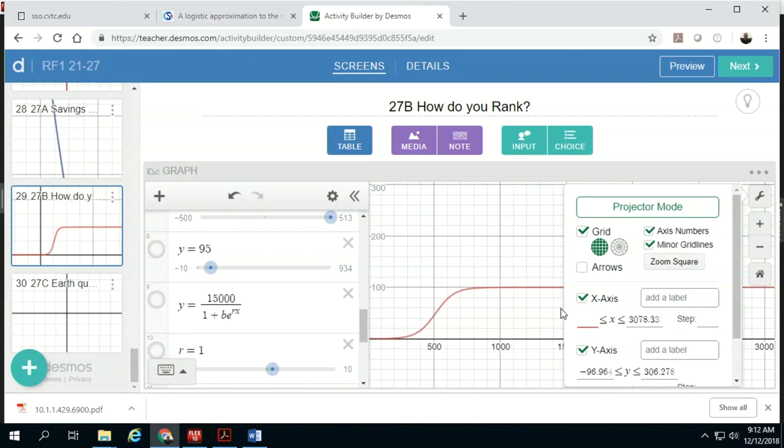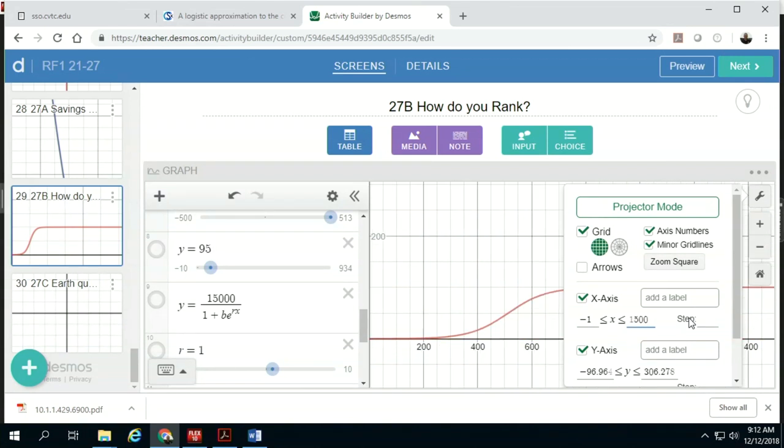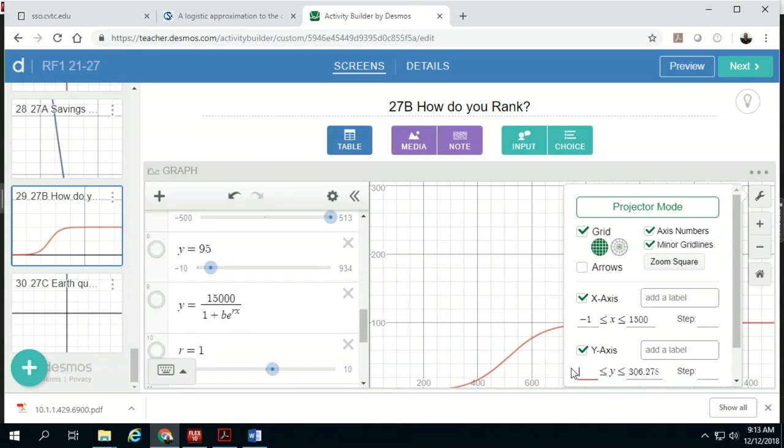Well, you can't get a score lower than 0, so I'm going to say from -1 just so that I can see the axis. And our highest score possible is around 1,500, but the chance of getting that 1,500 is pretty small. Our y's, okay, so we're talking about percentile.